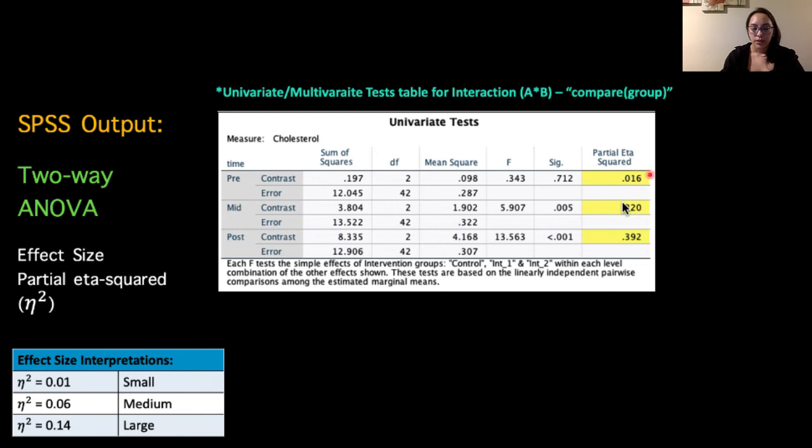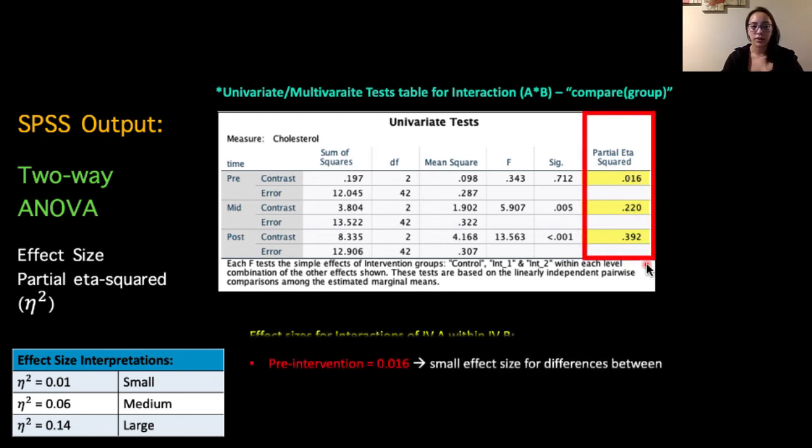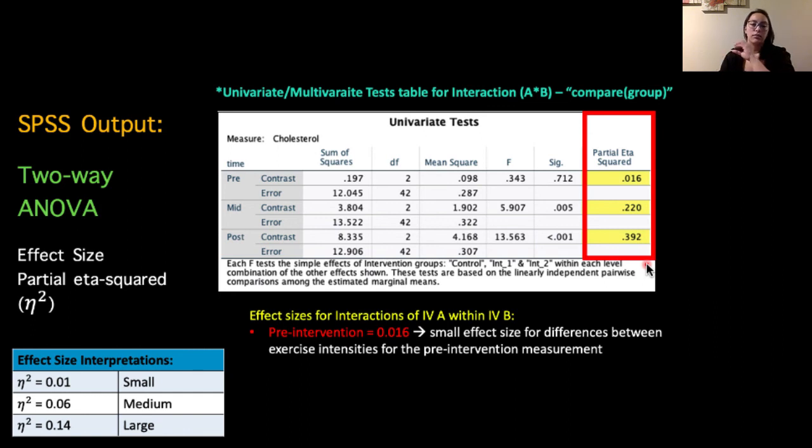And we have our partial eta squared identified for each of our comparisons of our groups within each time point. So for the pre-intervention row, we had an effect size of 0.016. That would be considered a small effect size for the differences between our exercise intensities for that pre-intervention measurement.